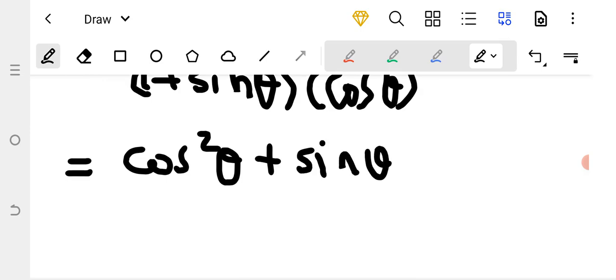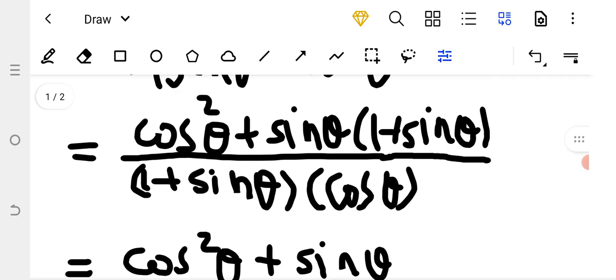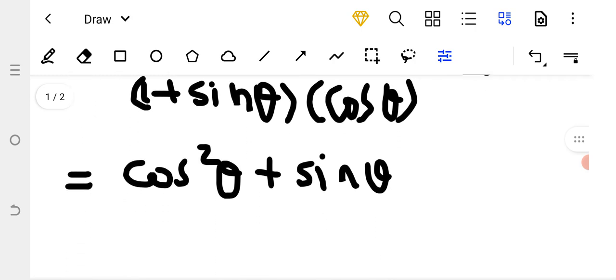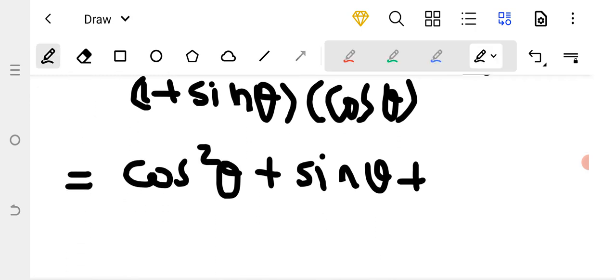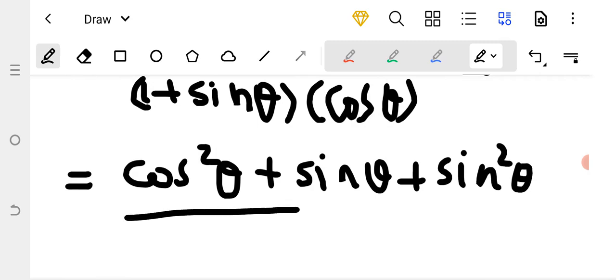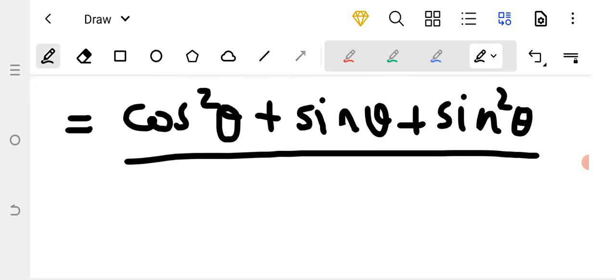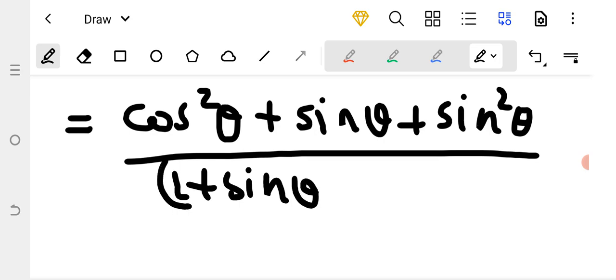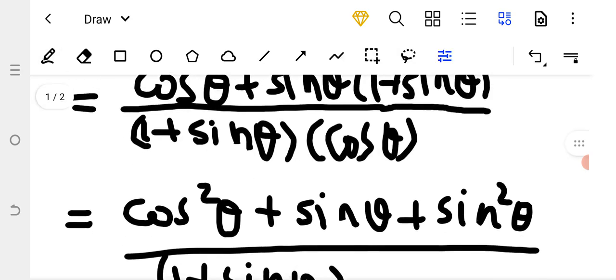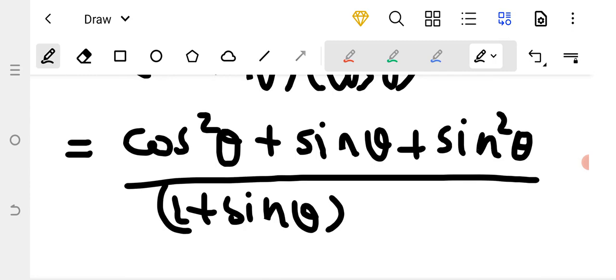Then sin theta times positive sin theta is going to be plus sin theta squared. And then we're going to divide by 1 plus sin theta multiplied by cos theta.